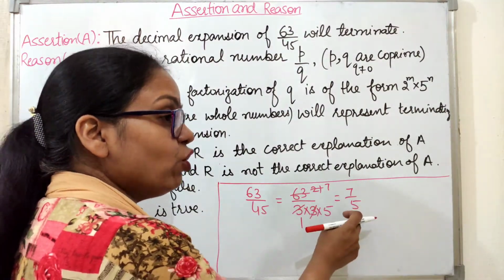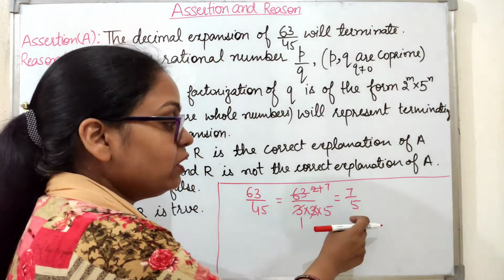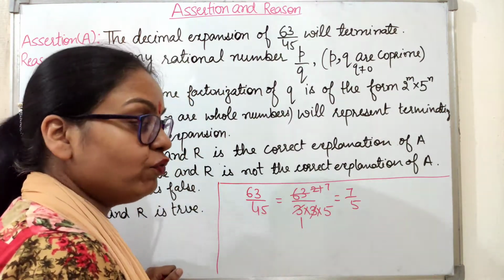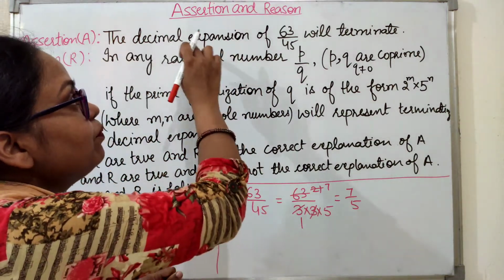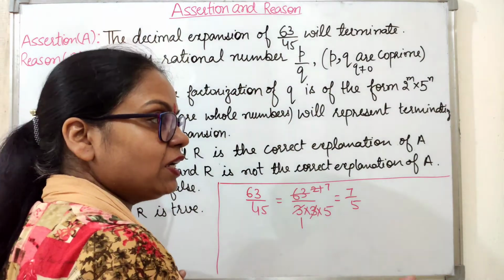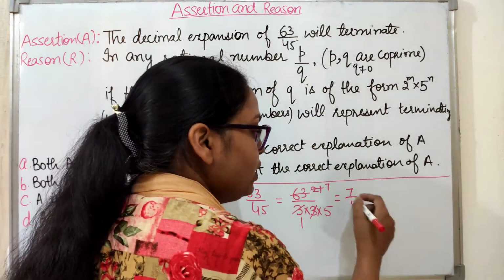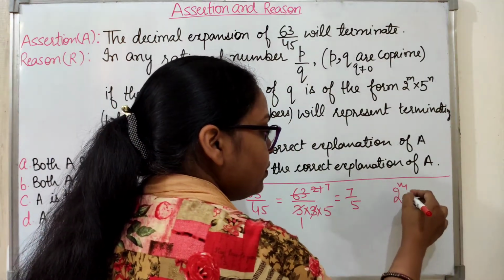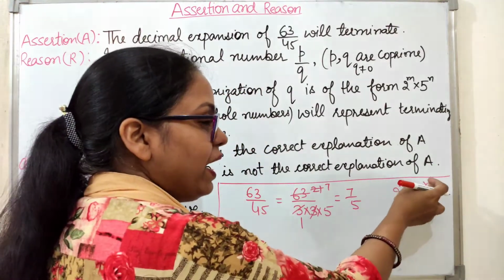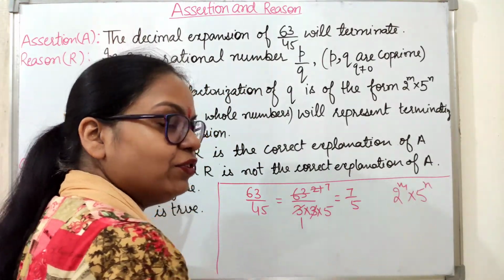What does the denominator include here? This denominator has 5 only. We know that whenever a decimal expansion is terminating, the denominator should be of the form 2 to the power m into 5 to the power n, and here m and n, one of them can be 0 at a time.